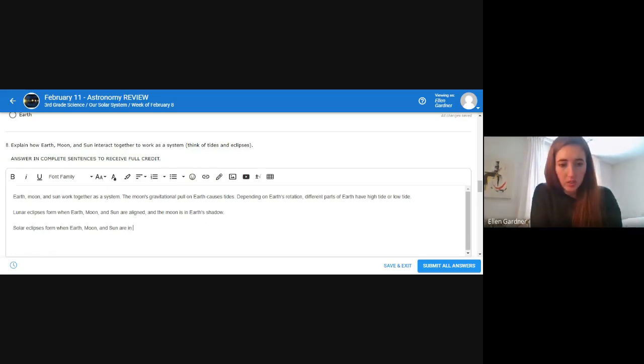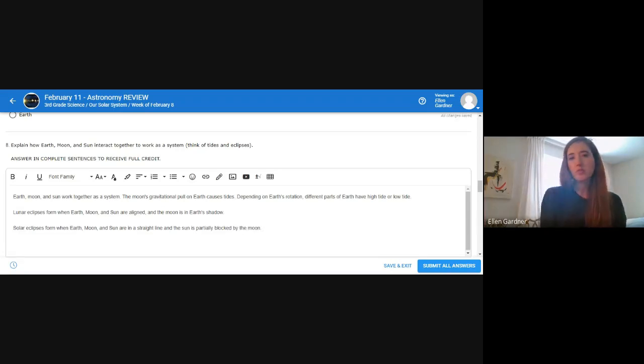But I'll write in a straight line, and the sun is partially, because it's never going to be that all of Earth can't see the sun during the solar eclipse. It's just little parts. But the sun is partially blocked by the moon. Okay? So those are some examples of them working as a system.